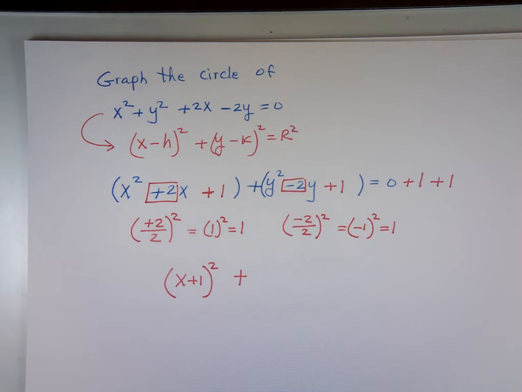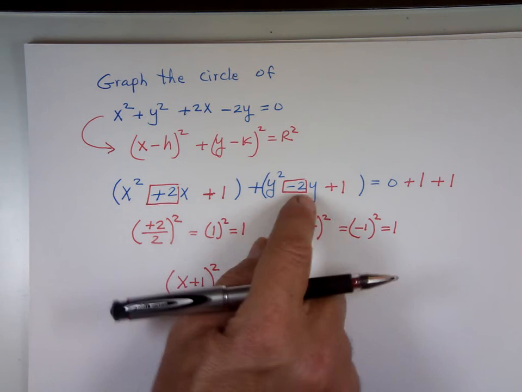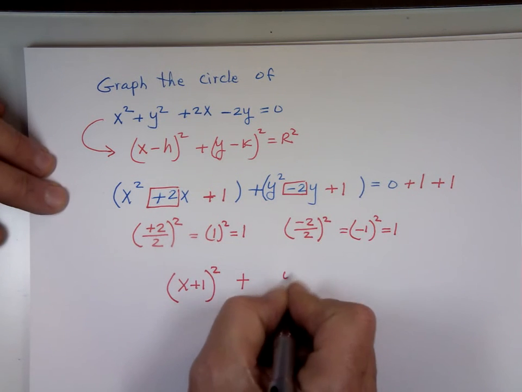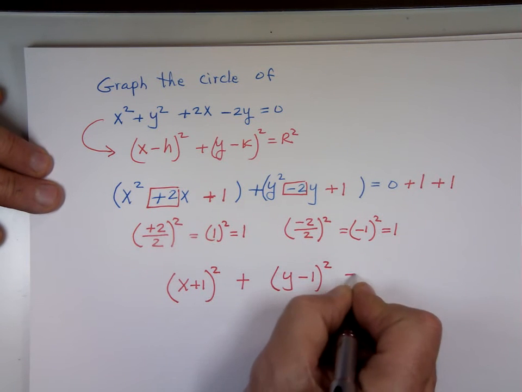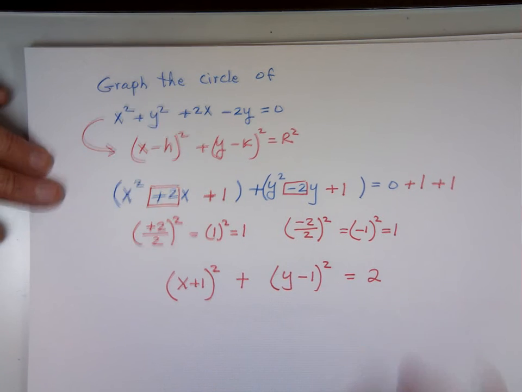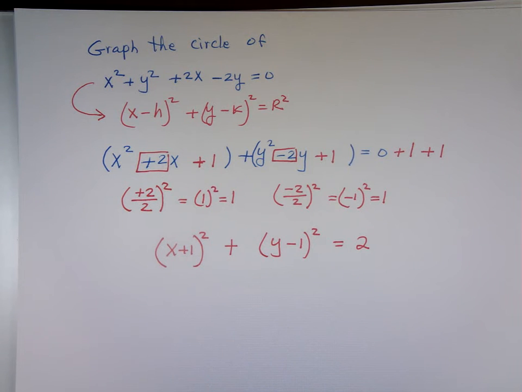Factor this one. That's y minus 1 times y minus 1, which is y minus 1 squared equals 2. I'm almost where I need to be, except I need this sign to be what? Minus?